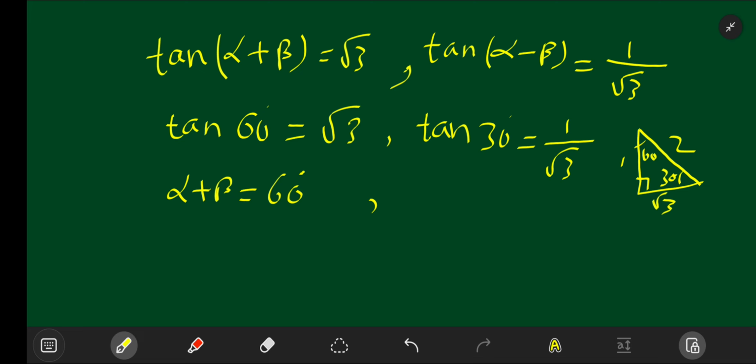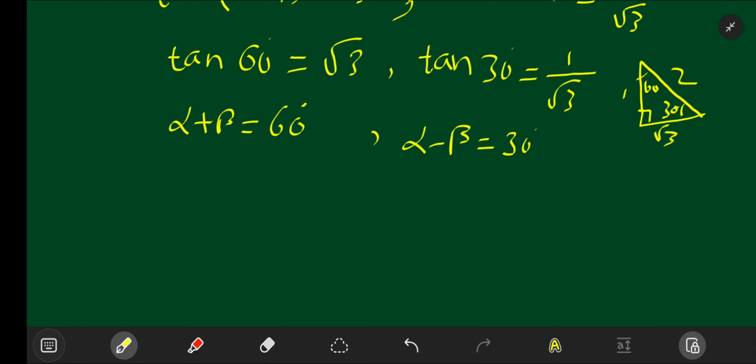When you compare these two, you will get the answer: alpha minus beta is equal to 30 degrees. Next, solve this 1 and 2. This is 1, this is 2. Solve both.